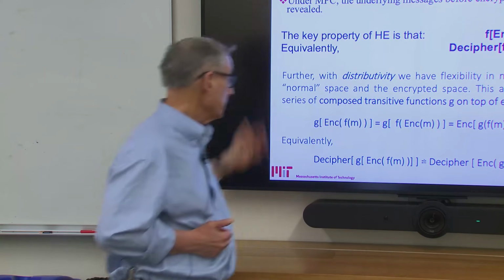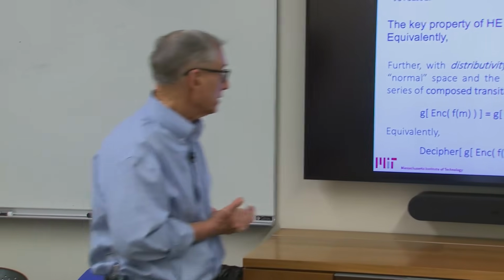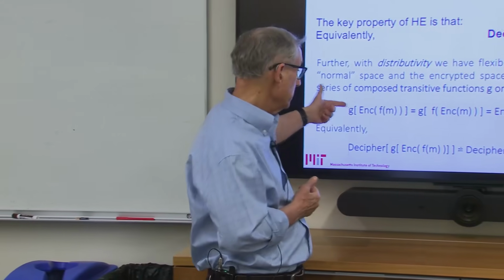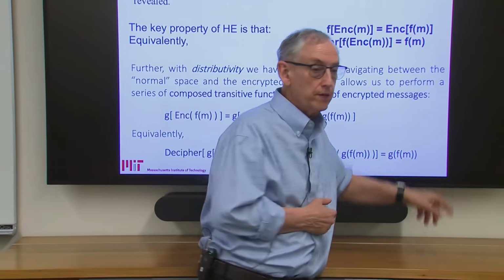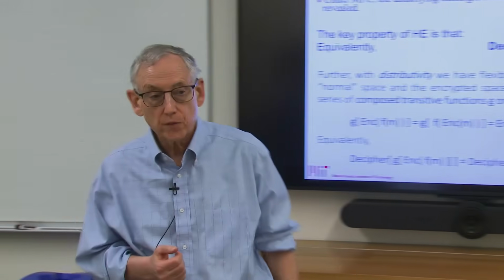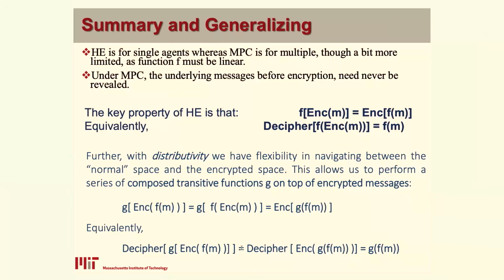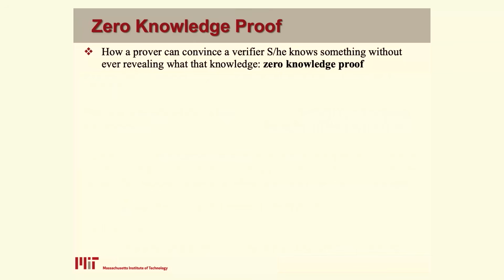All three of these things are the same object, so when you start deciphering them, because these objects are in the encrypted space, you get, for example, G of F of m back without having ever seen M. And next time I'll go through examples, economic applications, auctions and risk sharing with private values and so on, to see how multi-party computation and homomorphic encryption end up getting used.